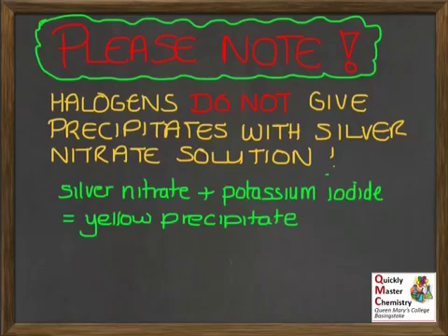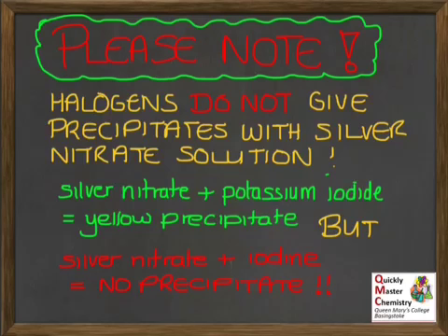So if you add silver nitrate to a solution containing potassium iodide, so with iodide ions, yes, you get the yellow precipitate of silver iodide solid. But if you add silver nitrate to a solution just containing iodine, the element, do you get the yellow precipitate? No, you don't. This is only for the halide ions, not for the element, the halogen.